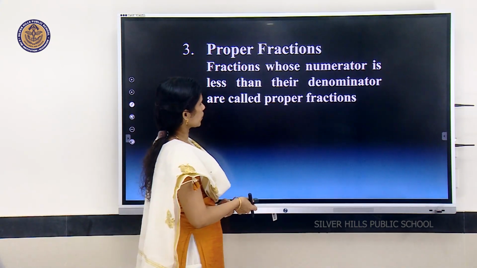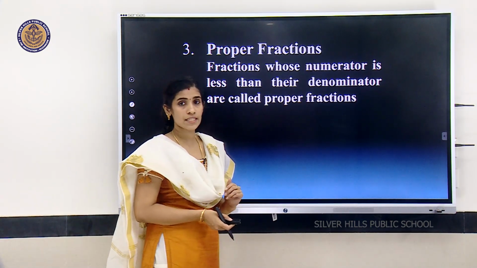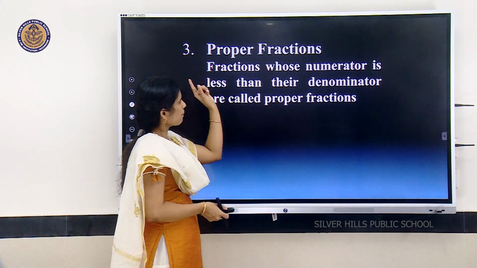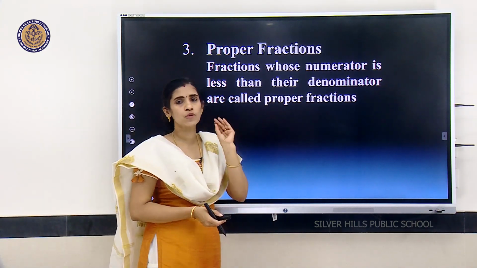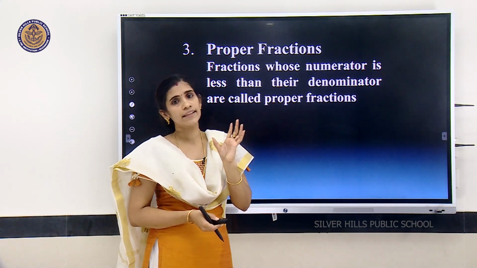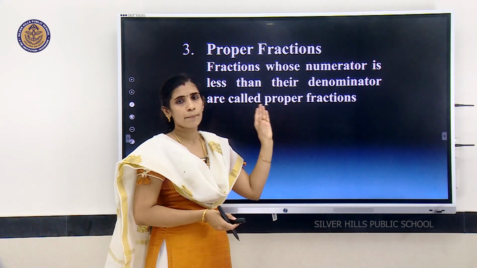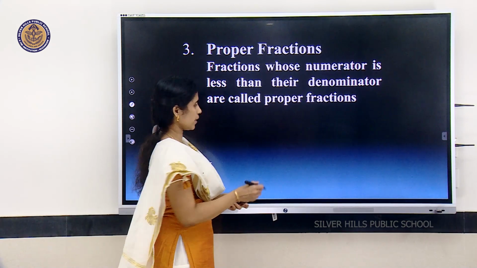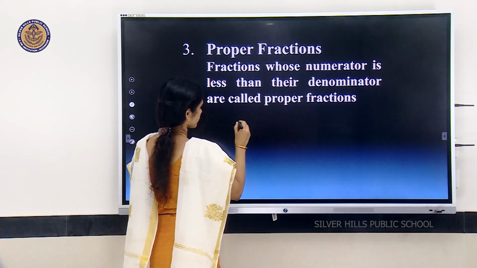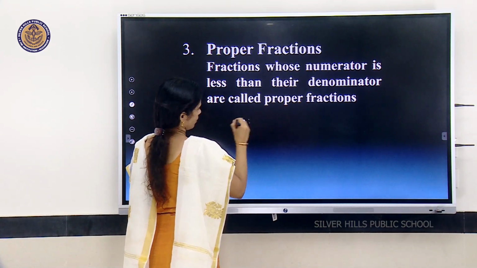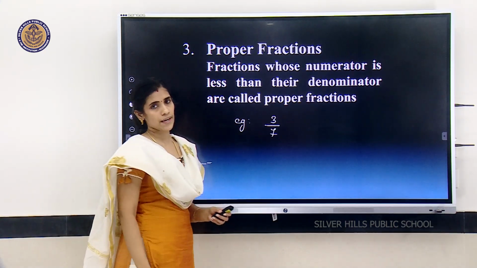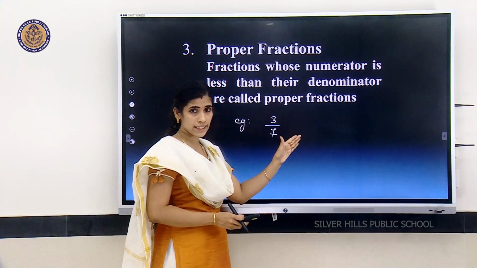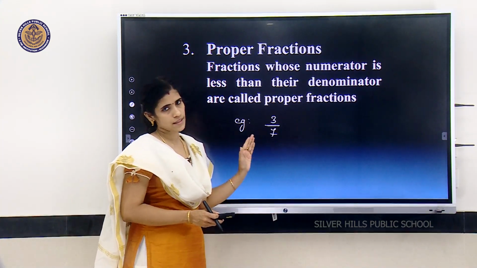Next we will go to the next type, proper fractions. Fractions whose numerator is less than the denominator are called proper fractions. For example, 3 by 7. Here the numerator is 3 and the denominator is 7.